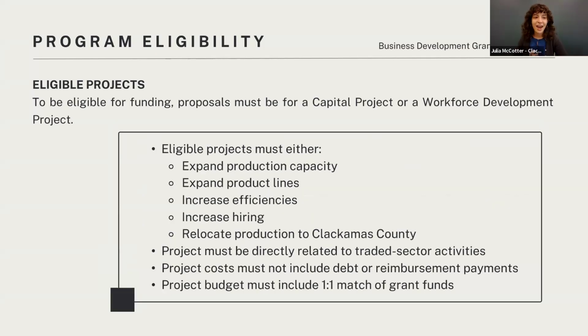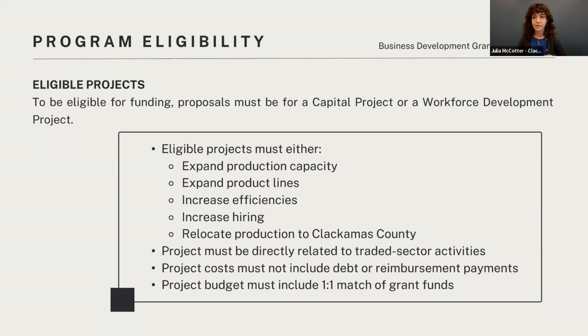Okay, now if you have an eligible business, you now need to make sure that you have an eligible project. And let me just really quickly say that software does count as a good. So you must have an eligible project even if your business is eligible.